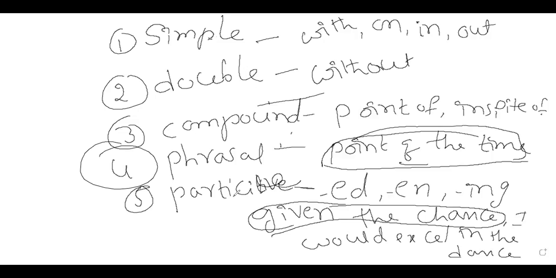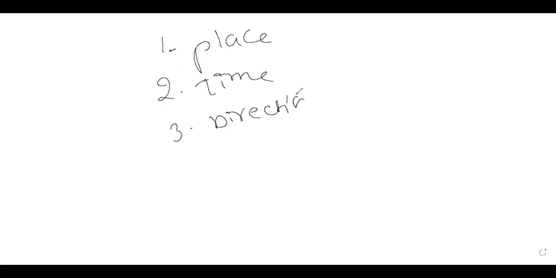So having understood these kinds of prepositions, let us look at another set of prepositions. Another category includes place, time, direction, agent.